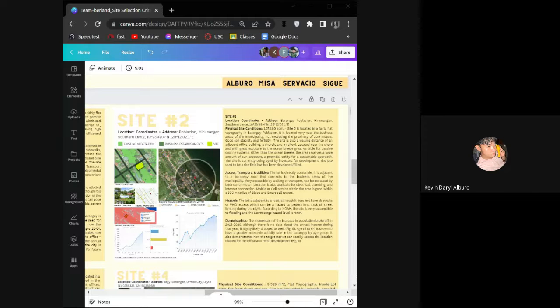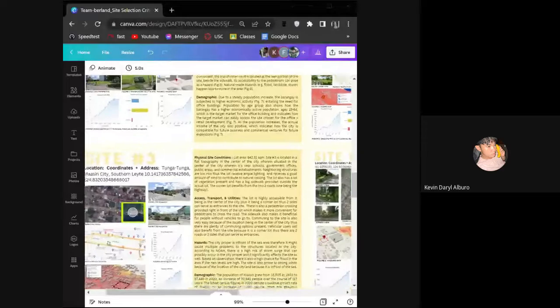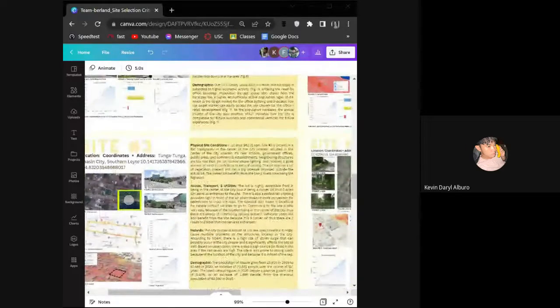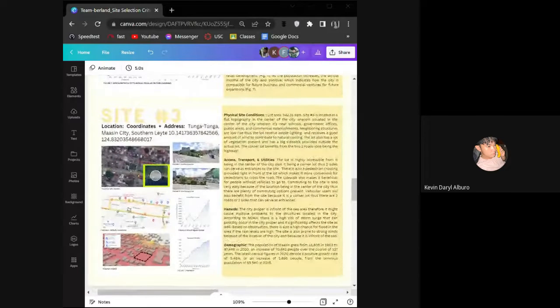For the hazard, according to NOAA, it is very susceptible to floods and has a high hazard level for storm surge. Also there aren't that many sidewalks, and it's very dark at night because it lacks street lighting.